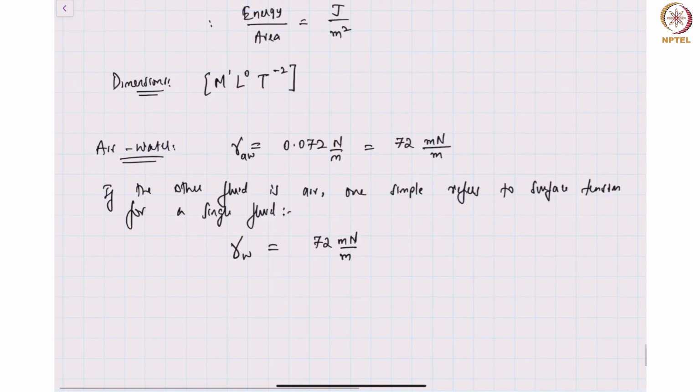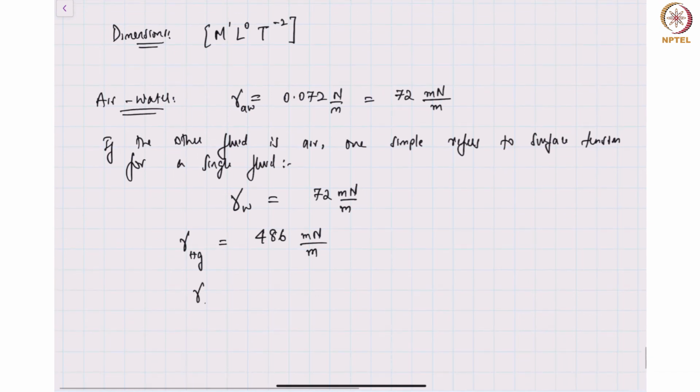Similarly, you can say the surface tension of mercury is much larger. It's around 486 millinewton per meter. Mercury has a much higher surface tension. You have various silicone oils whose values of surface tension are around 20 to 30 millinewton per meter.